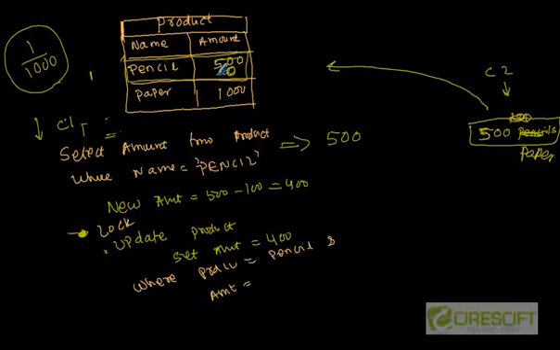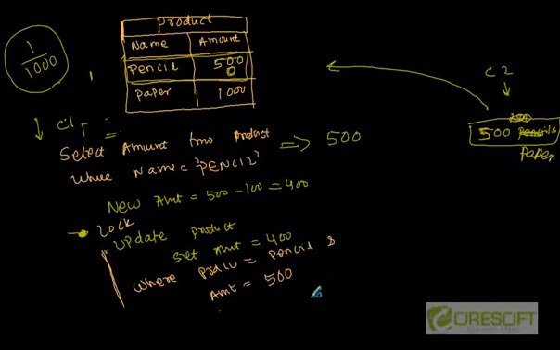When I started this transaction, the amount was 500. So you update only if the amount is what we started with, and that is going to save you from the other problem.